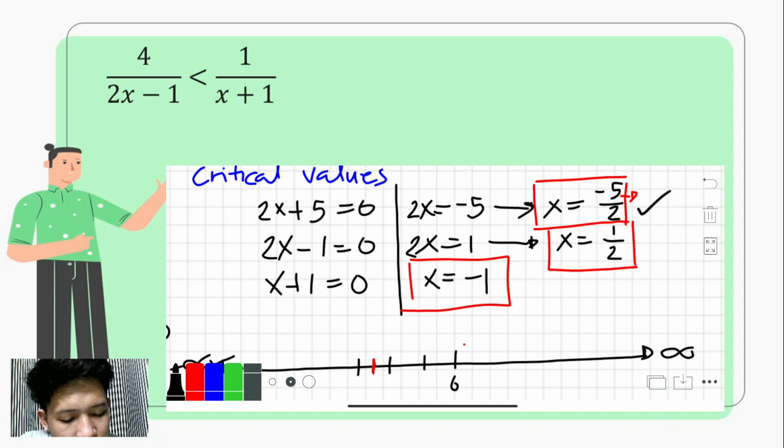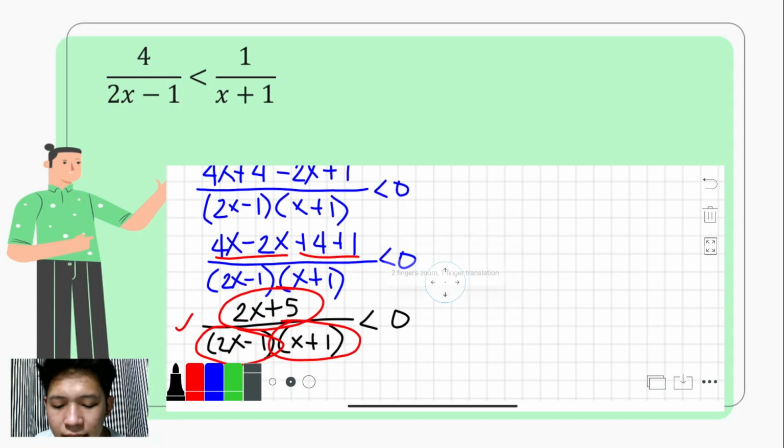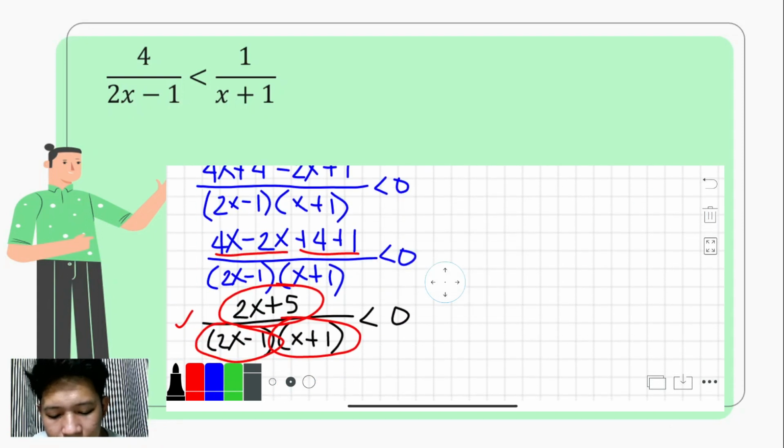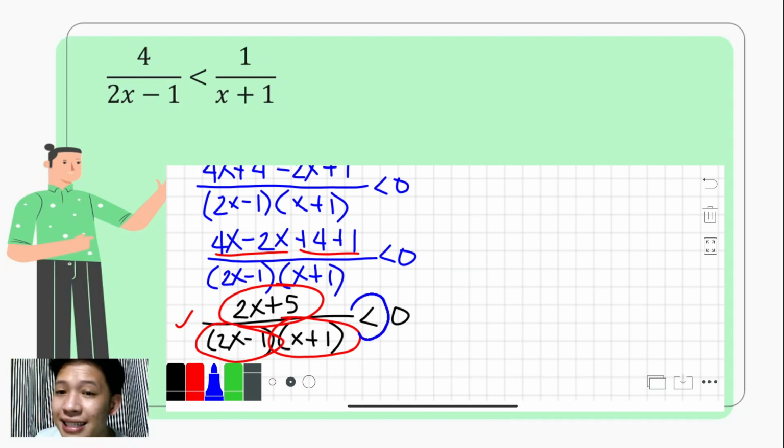Next would be our, so gamitin na natin or i-plot na natin kung anong klaseng dot yung ating gagawin, if it's hollow dot or solid dot. Since sa ating single fraction ang ating inequality symbol is less than lang, ibig sabihin, lahat po ng critical values ay hollow dot.